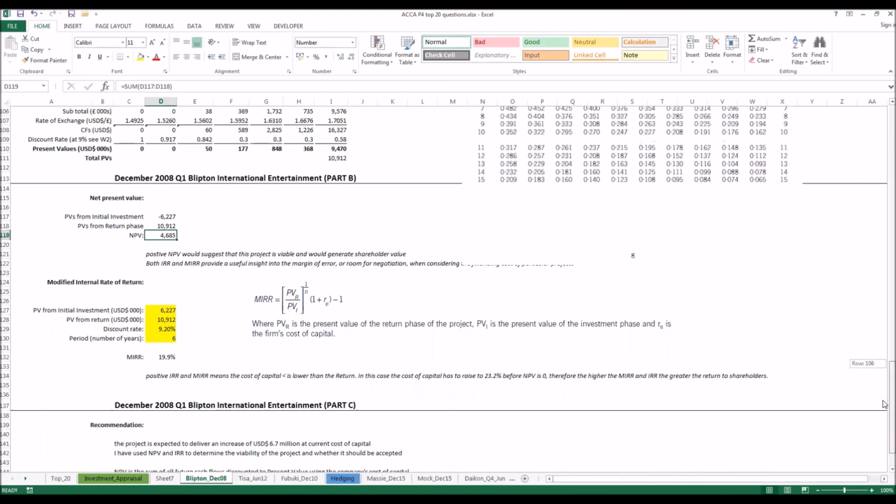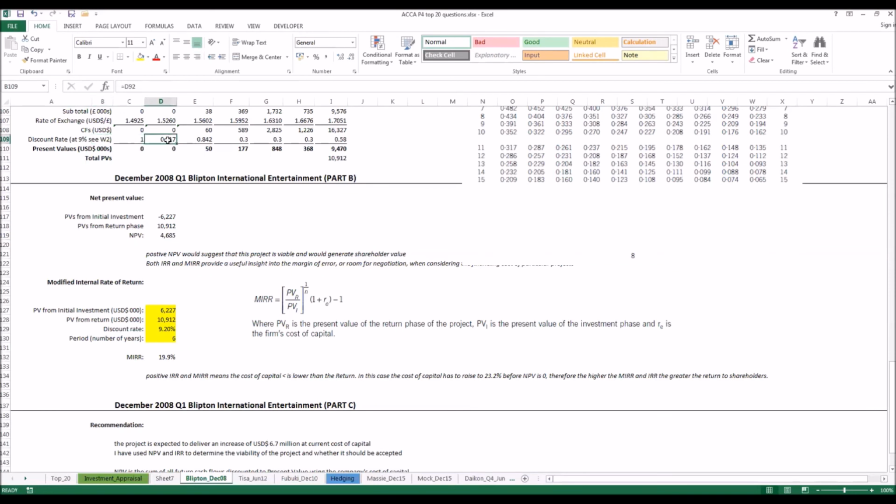So going back to my point about internal rate of return, if your cost of capital is your discount rate, your internal rate of return effectively tells you how much the cost of capital can increase before the NPV becomes zero. So how far does this discount rate, which is your cost of capital, have to increase before your NPV becomes zero?